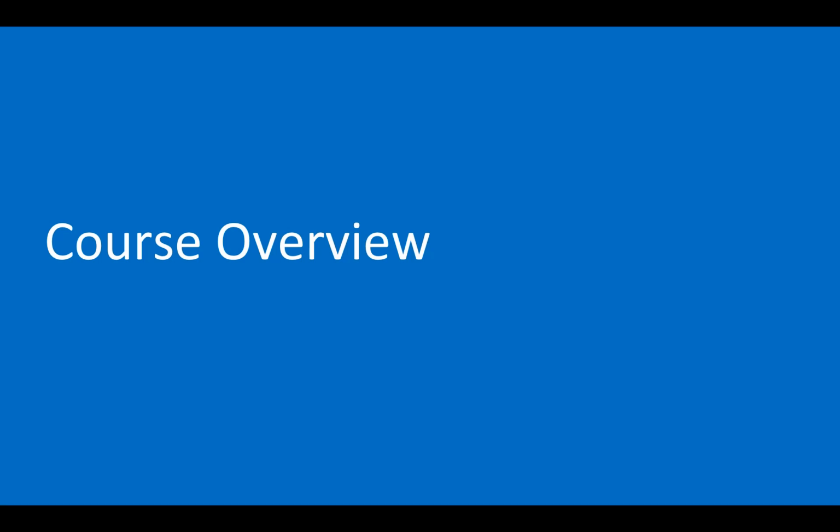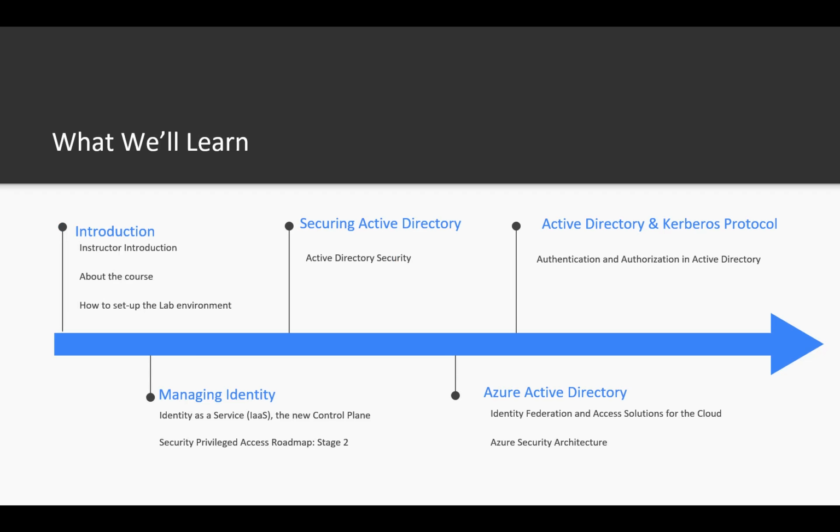Now, let's have a look at the course overview and how I have structured this course. First of all, section 1 is the introduction section. We are in the second lesson here about the course. In the next lesson, we'll discuss how to set up the lab environment, because at the end of the course, you'll have a very cool lab in which you'll get to play with technologies like Microsoft Identity Manager and privileged access management.